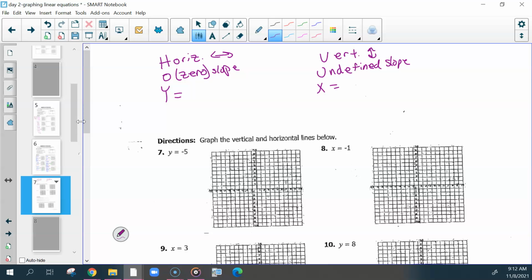So will this be a vertical or a horizontal line? Horizontal. Horizontal for number 7. So what you're going to do is on your y-axis, find where y is negative 5. You can put a point there. And then you're going to make a horizontal line at that point. I'm going to actually change this color so you can see it a little bit better.